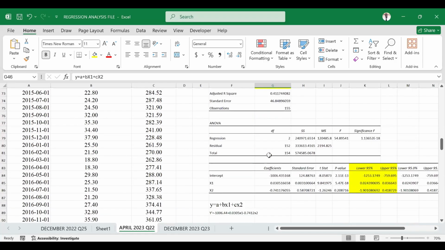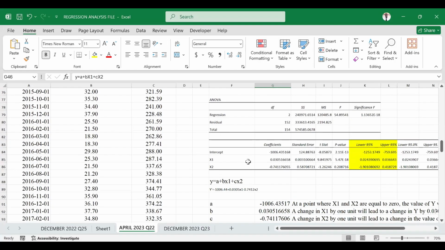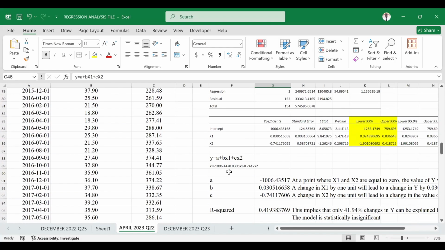You need to know, when you have your output like we did last time, you will get the independent variables output here, where you have the x1 and the x2. Then the y-intercept, which is denoted by A, will always remain constant there.